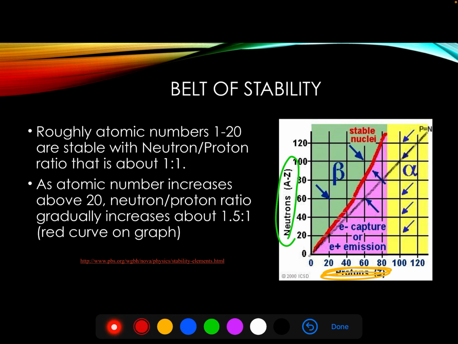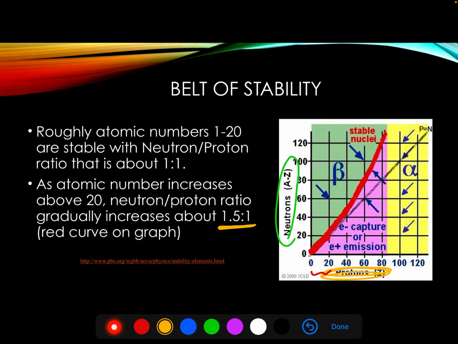This line is kind of our magical stable line right here, this band or belt, and I can't decide which word I like more, of stability. So you can see here, for about atoms 1 through 20, which would be hydrogen through calcium right here, it's about a 1-to-1 ratio, and then it starts to take a turn, and it starts to move more towards that 1.5 to 1 ratio.